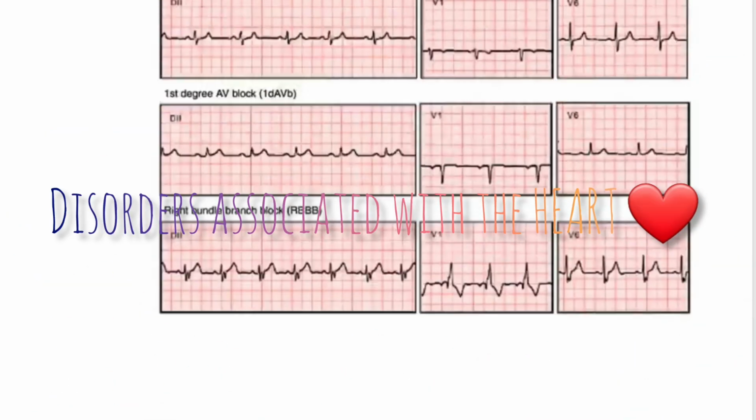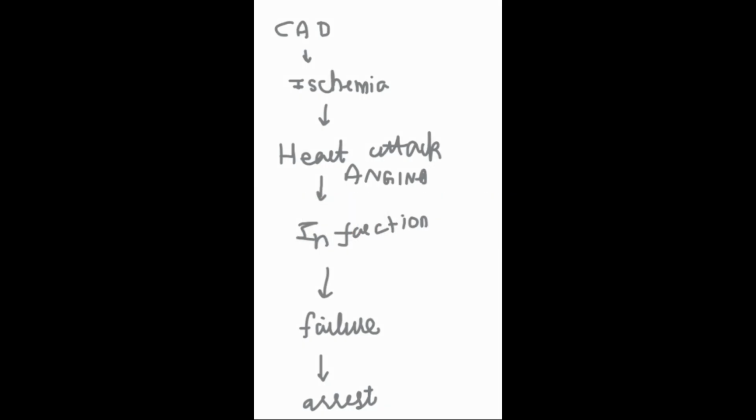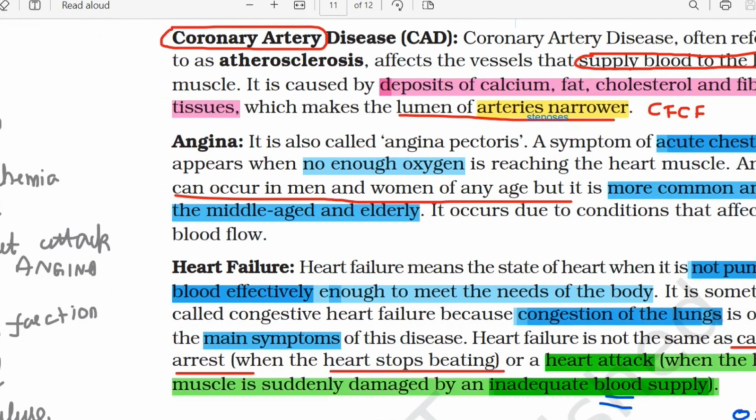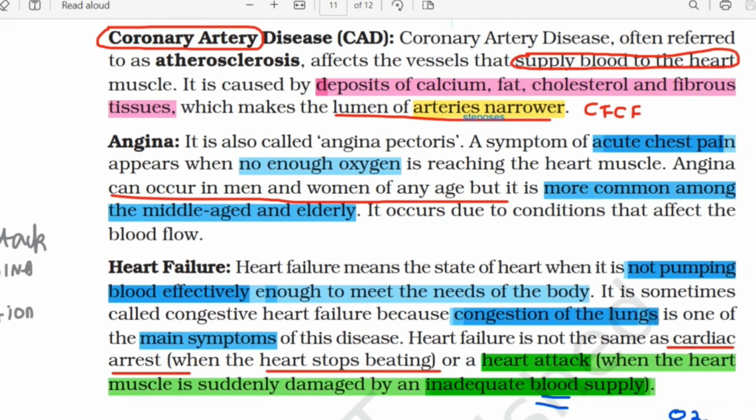For this, I want to talk about the different abnormalities, the pathologies associated with the heart. We have coronary artery disease, angina, heart failure, and finally cardiac arrest. So what is coronary artery disease? It is also known as atherosclerosis. The coronary artery is the main artery of your heart which supplies blood to the heart, isn't it?